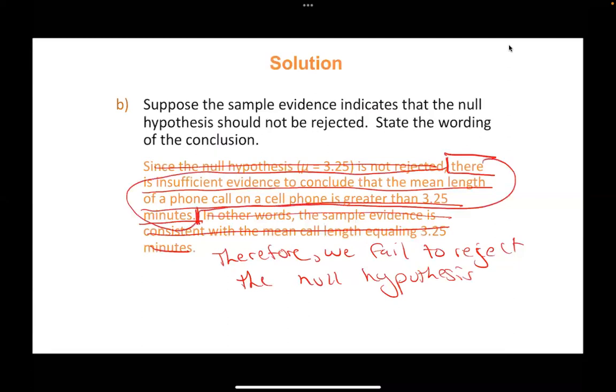So altogether it says there's insufficient evidence to conclude that the mean length of a phone call is greater than 3.25 minutes. Therefore, we fail to reject the null hypothesis. To me, that's just better. I mean, if you want to write all this other stuff, go for it. But it just seems like a whole lot of extra words to me.